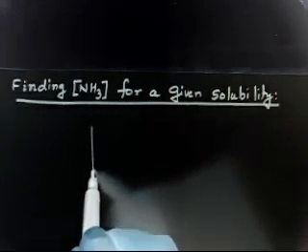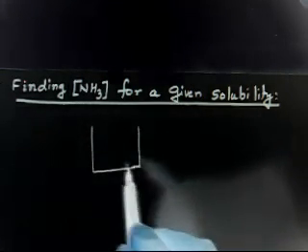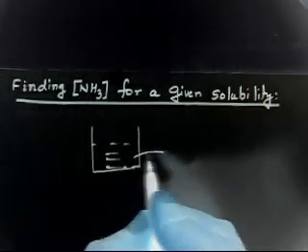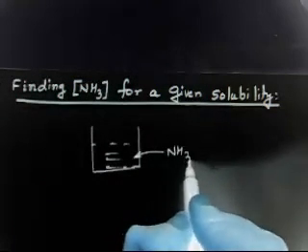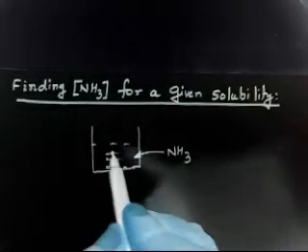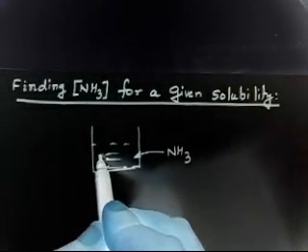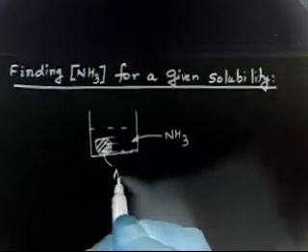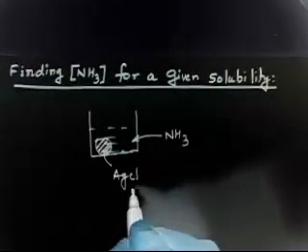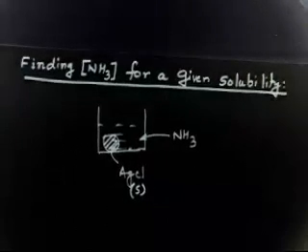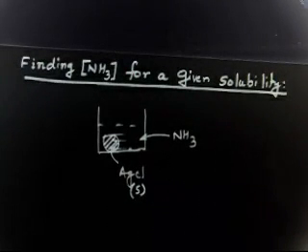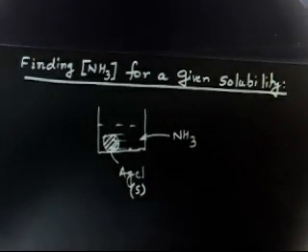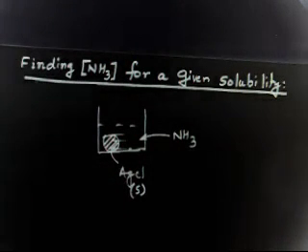So let us say I have a solution. This solution contains NH3, and if I put AgCl solid inside this solution, so AgCl solid is basically dipped into the solution of NH3.